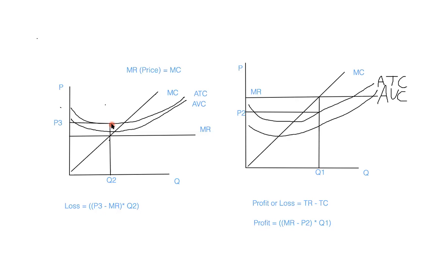And that intersection point is the point where we are going to determine if the firm should shut down or if it should continue to produce, and if the firm is incurring profits, as in the case over here, or losses, as in the case over here.